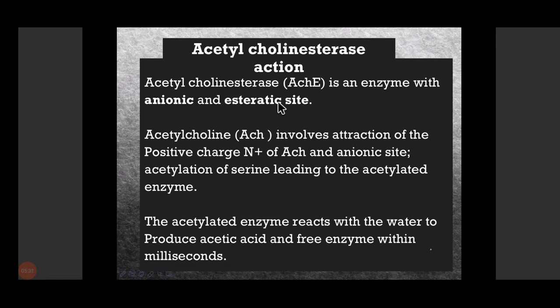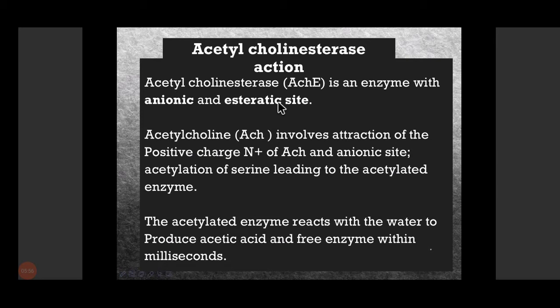It will bind to the enzyme acetylcholinesterase at the anionic site because of its positive nitrogen ion getting attracted to the anionic site. First of all, the enzyme will get acetylated.